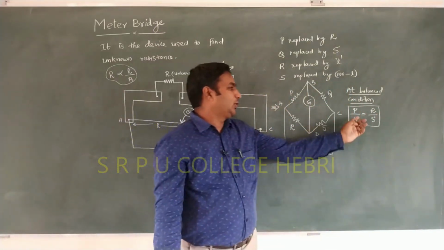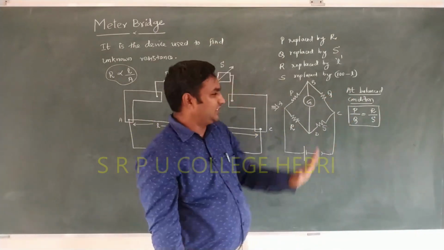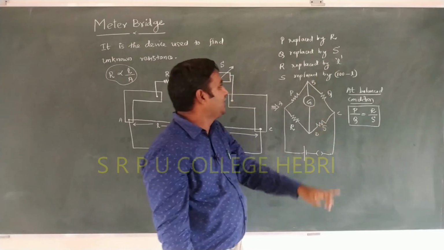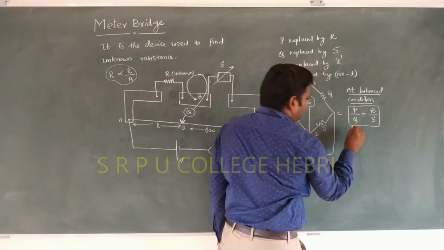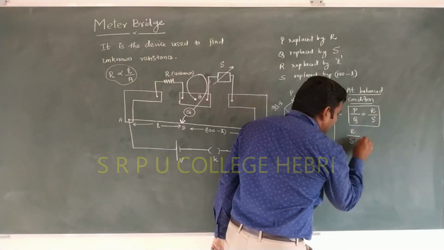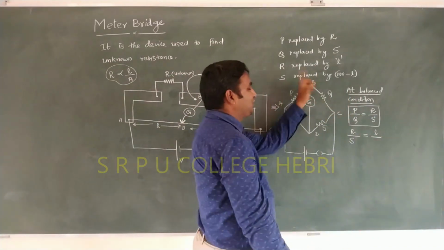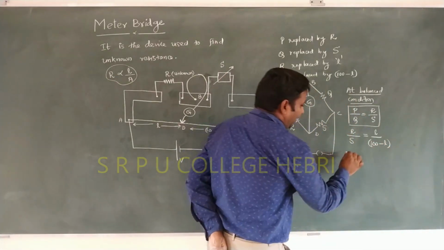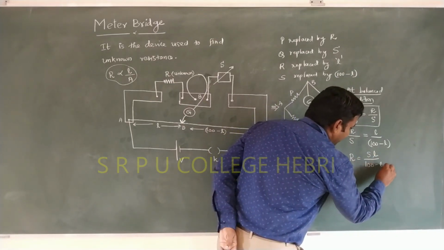By using this logic, in place of P we have to use R, in place of Q we have to use S, in place of R you have to use L, in place of S you have to use 100 minus L. So R divided by S is equal to L divided by 100 minus L. After simplification we got R is equal to SL divided by 100 minus L.